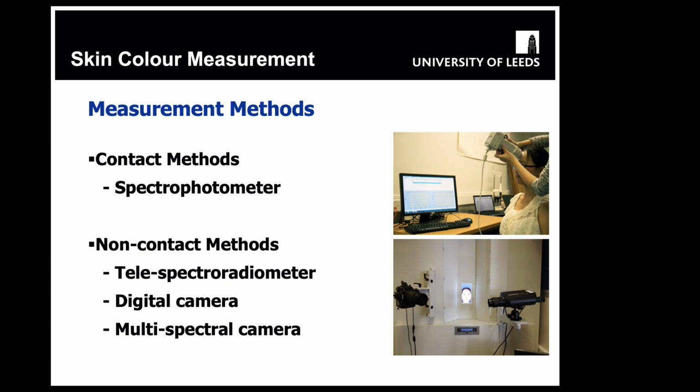In other words, you need a lighting to provide very smooth and uniform lighting to people's face, and then you use either a camera or the telespectral radiometer to measure their skin colors. For the telespectral radiometer, you measure spectral power distribution, and you can calculate skin reflectance. For a digital camera, you capture the camera RGB, and you can predict skin spectral reflectance.